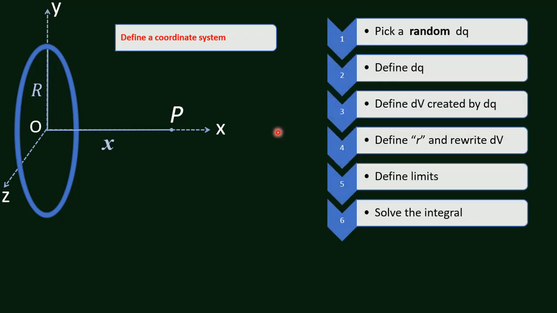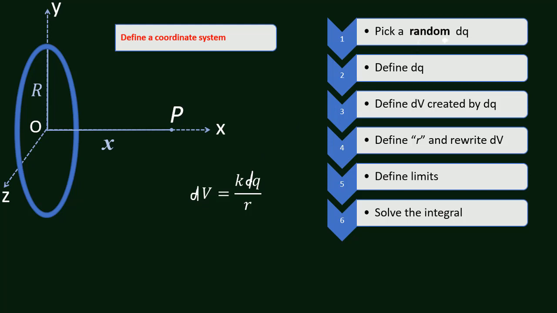So we're again going to have a number of steps to be able to calculate electric potential due to a charge distribution utilizing the electric potential of a point charge, kQ over r. But we are going to modify this. We're going to pick a small dq on the charge distribution and define the small potential created by that small charge.